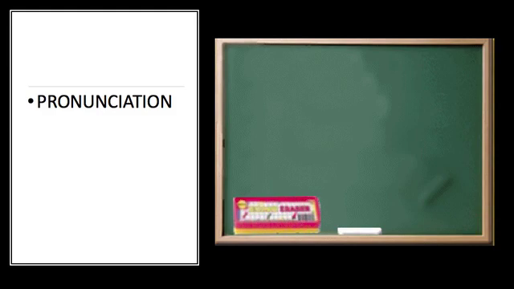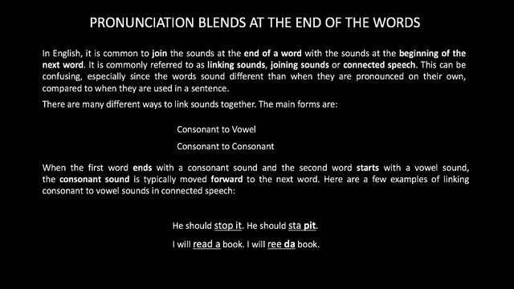If you remember, we were working with some sounds, okay? So, for the pronunciation blends at the end of the words. In English, it's common to join the sounds at the end of a word with the sounds at the beginning of the next word. It's commonly referred to as linking sounds, joining sounds, or connected speech.